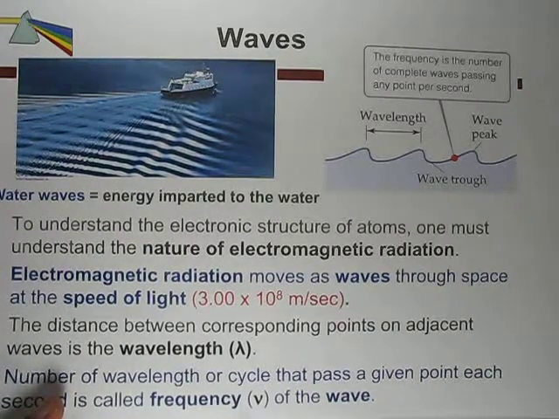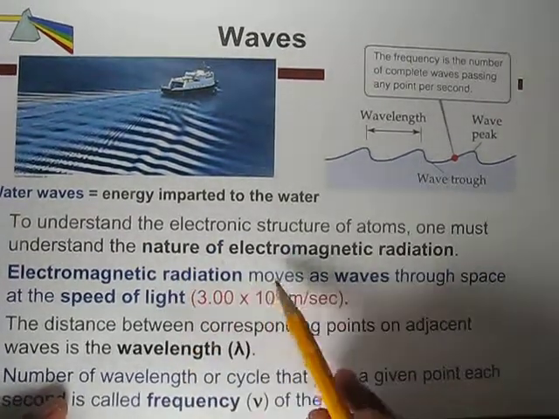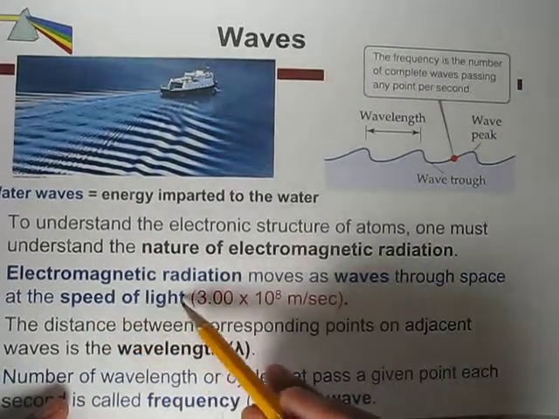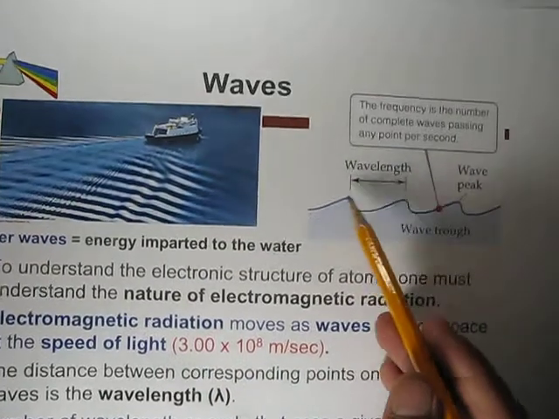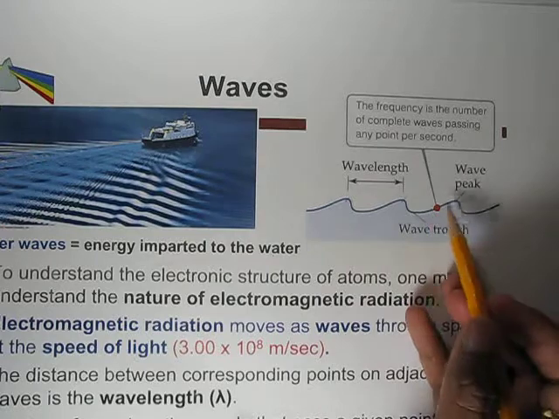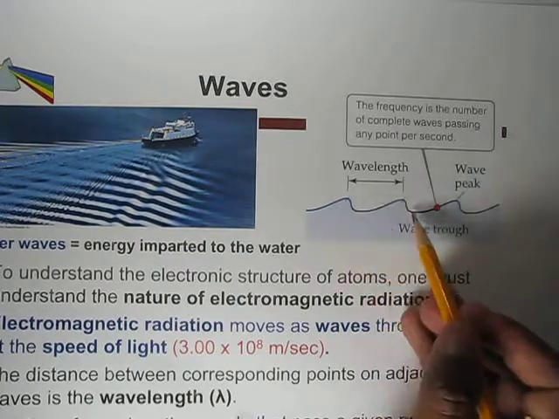Electromagnetic radiation also moves as a wave through the space at the speed of light. So this is the water wave, and you can see they have high end and lower end.